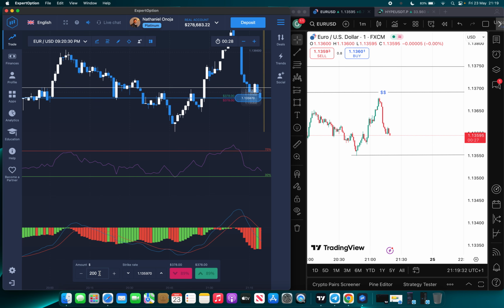The next trade I take, even if I win, I will not make $200. I would make 89%. So I have not recovered my previous loss. The Martingale strategy says you now double your entry. So when I double my entry to $400 in my next trade, it is going to help me recover my previous loss, and at the same time I would gain more.